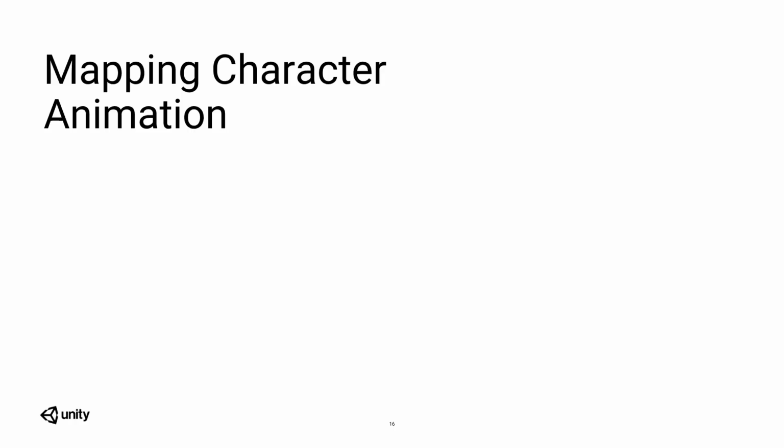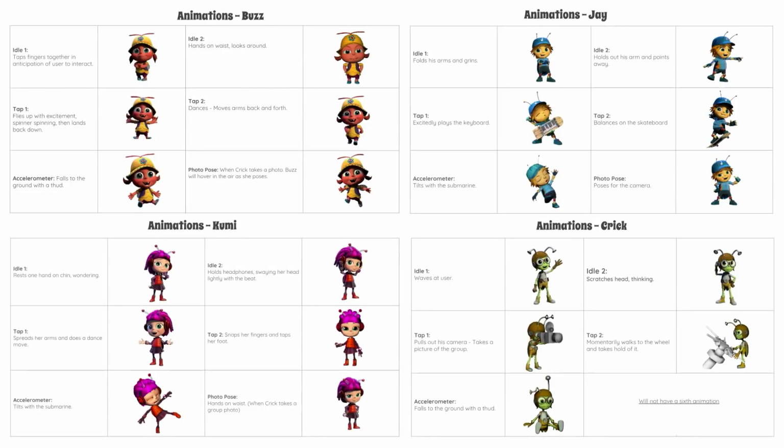So in terms of mapping character animations, before an animator could start animating, I had to go through the process of picking out static frames that would define an entire animation. These are examples of a few charts we created per character. There were about 100 animations in the entire app.